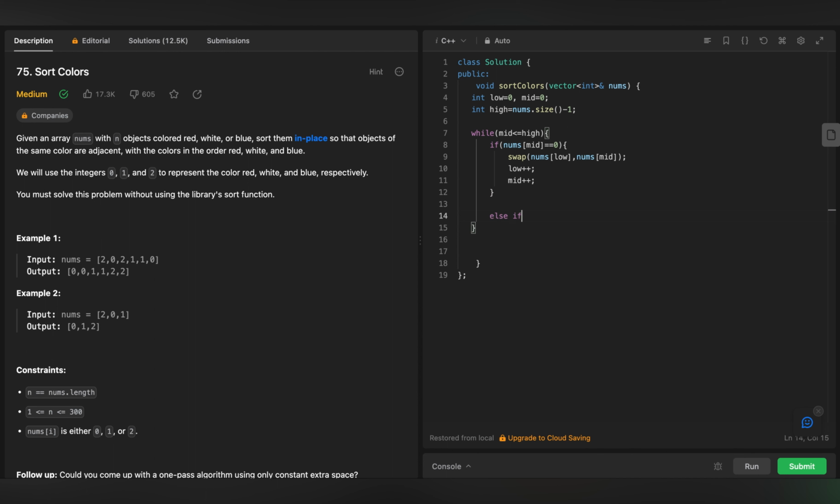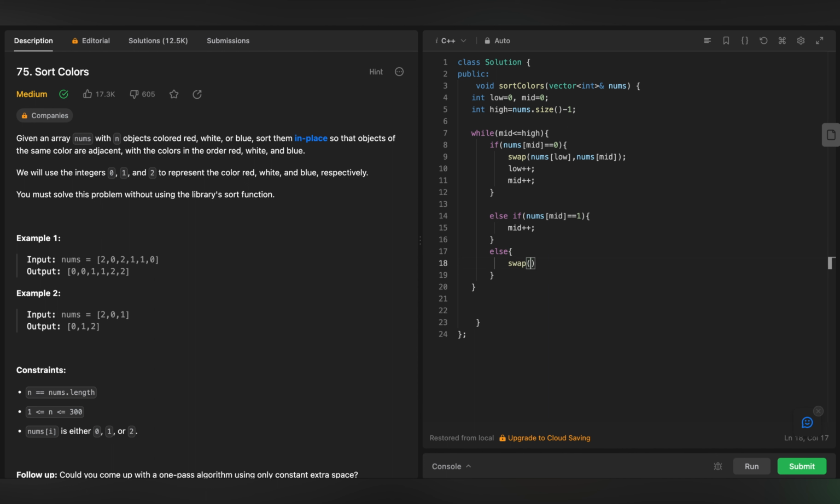Then another condition for checking the number 1. If it is 1, then there will only be an increment of mid. Otherwise, definitely the number will be 2.